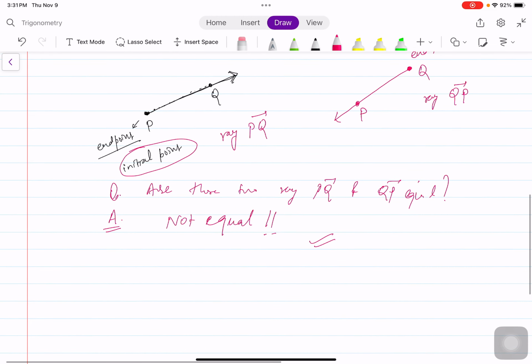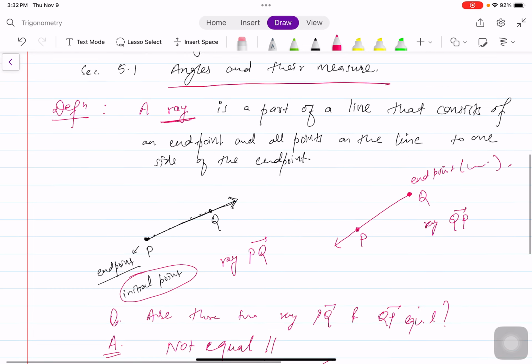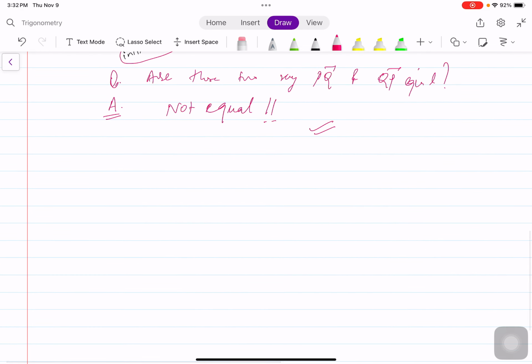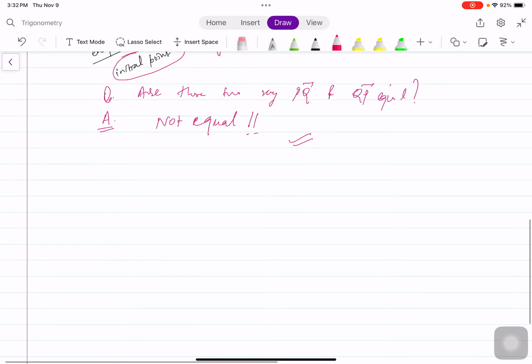Now, since our section is angles and their measure, how is an angle formed? Before that, it was necessary to go through the definition of ray. So the definition of the angle.